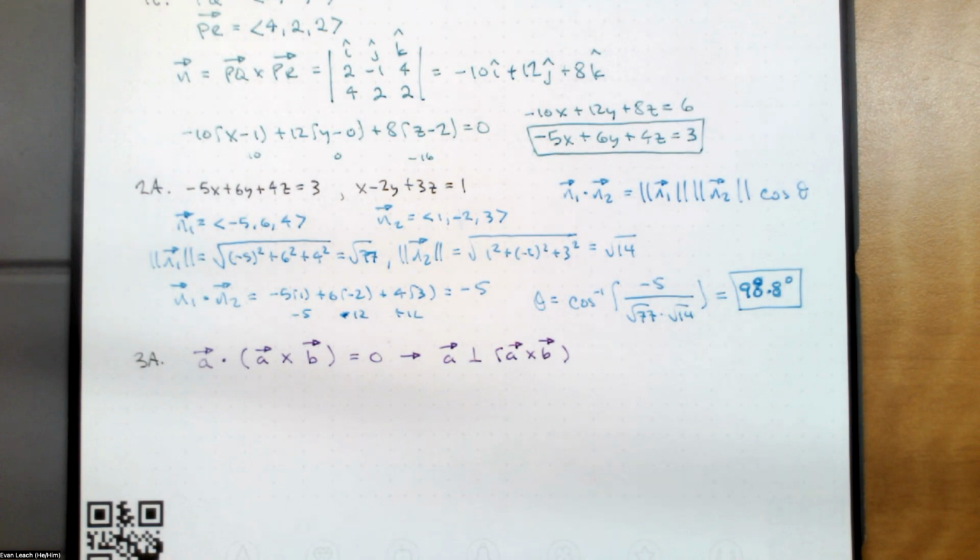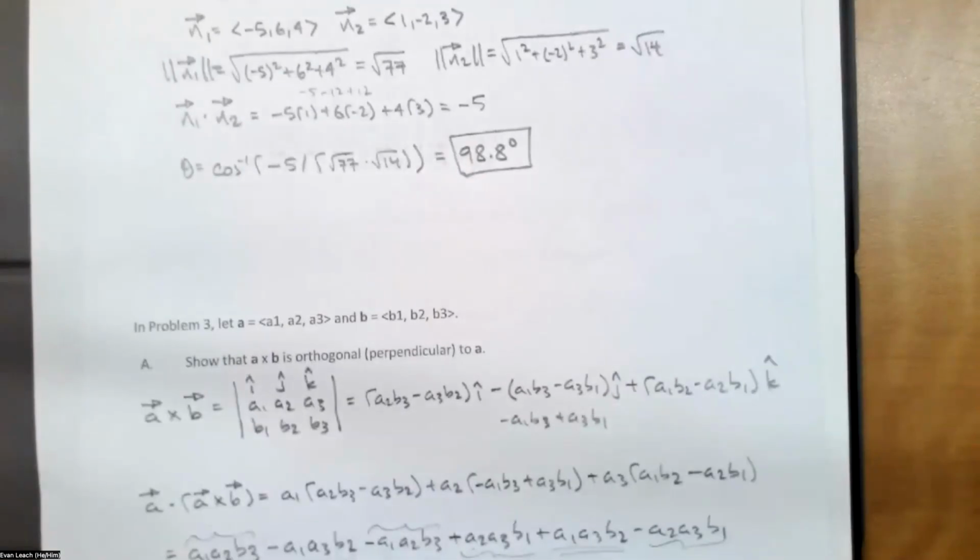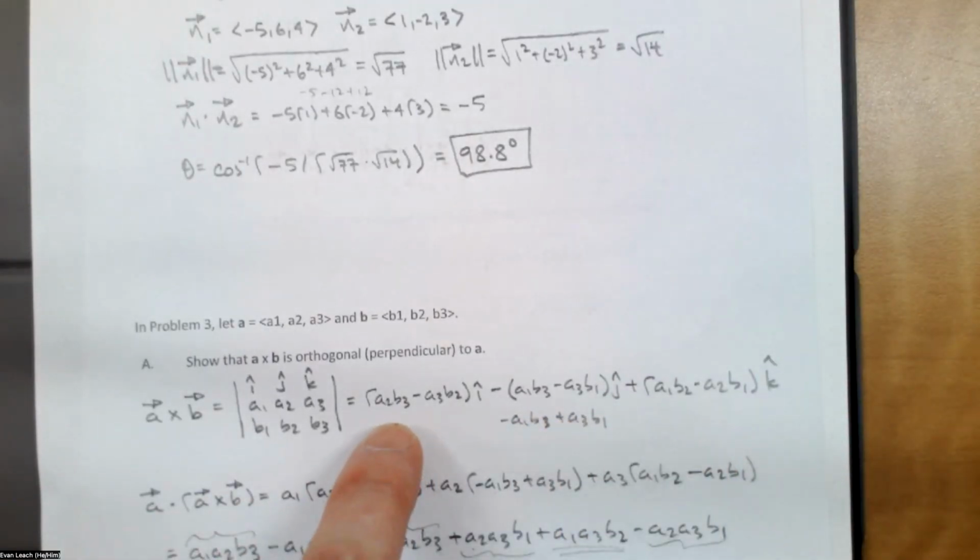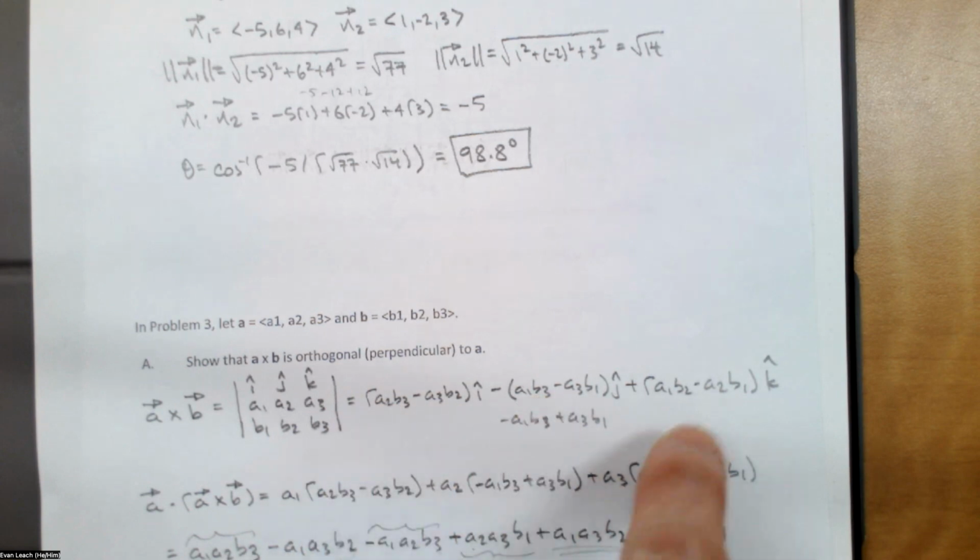Because A cross B has those 3 components that are all these differences. And then A dot that is just A1 times this first one, A2, and then A3. And it makes stuff cancel out. How's everybody okay? You're just happy I didn't say perpendicular to A and B. Then you have to do all these with B's and A's switched.